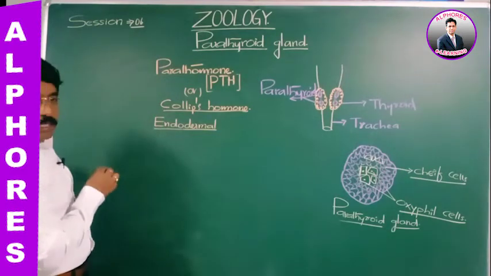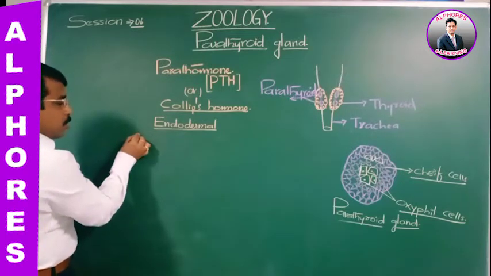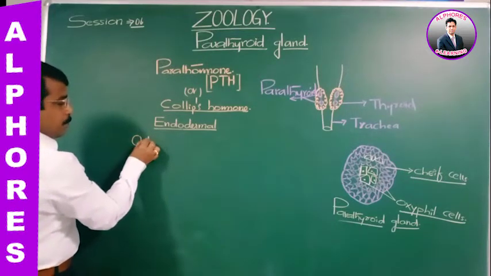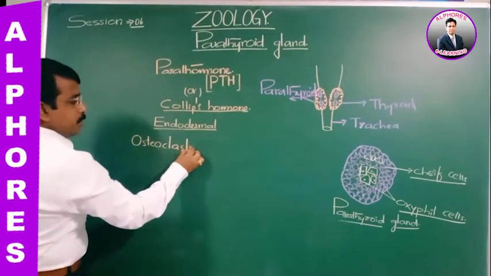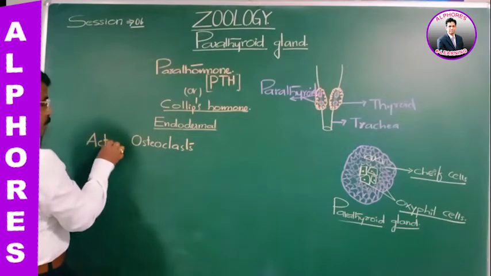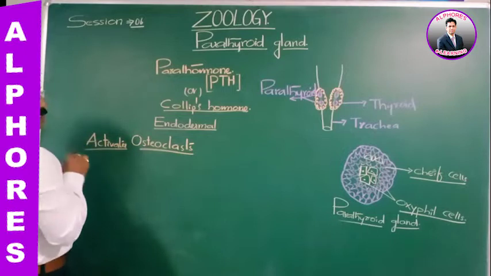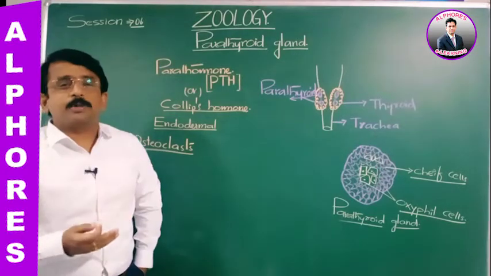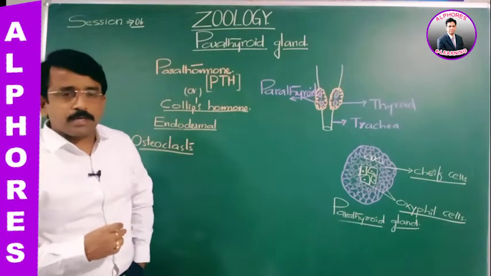Parathyroid gland secretes the parathormone. Parathormone function is that it stimulates the osteoclast of the bone. It activates the osteoclast. What do you mean by osteoclast? It stimulates, it activates the osteoclast.